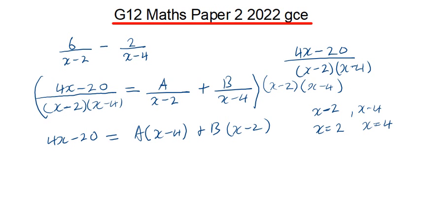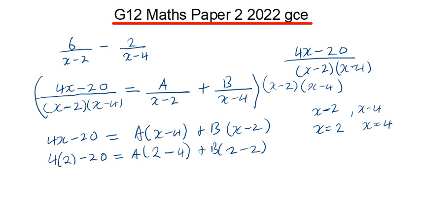So here you're going to say 4 open bracket, let me start with the 2, you're going to have 4 times 2 minus 20 is equals to A times x, which is 2 minus 4, because you're substituting with a 2 there, plus B times 2 minus 2, like that. You observe this goes to 0.